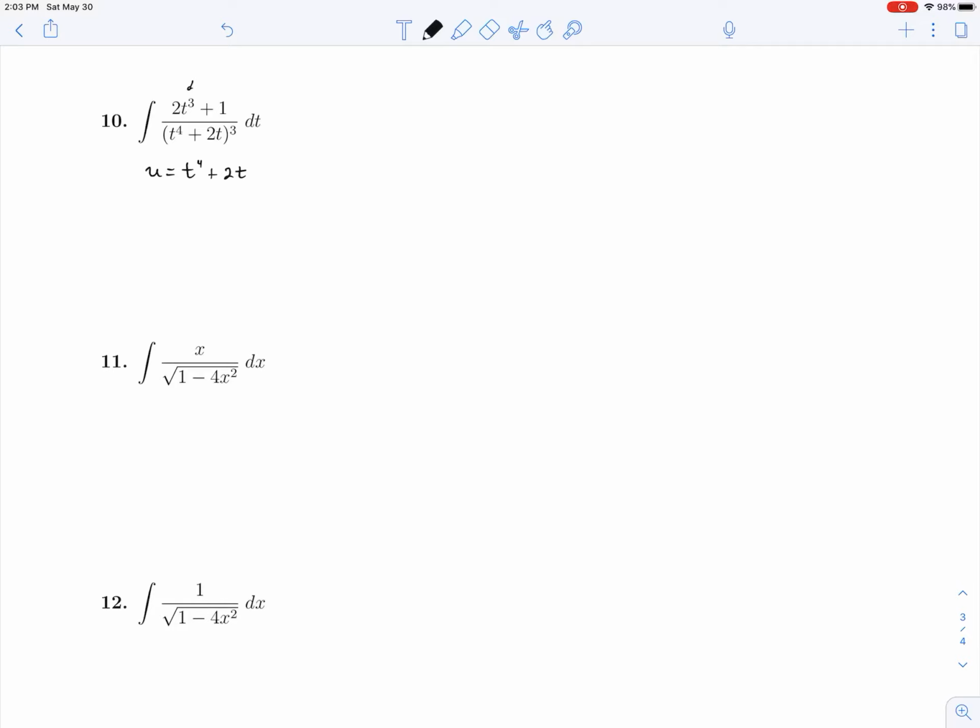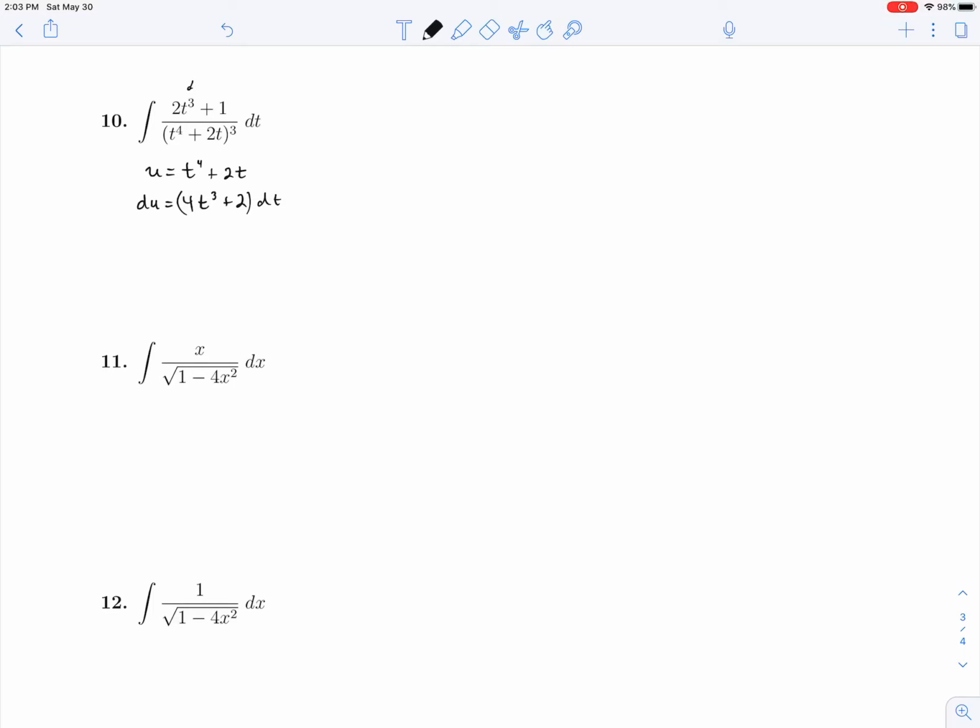The problem is that when you have an expression like this with two terms, your du had better match it exactly. And in this case, when we take du/dt, it would be 4t cubed plus 2. And that doesn't match it exactly, but if you factor out the 2, then it does.